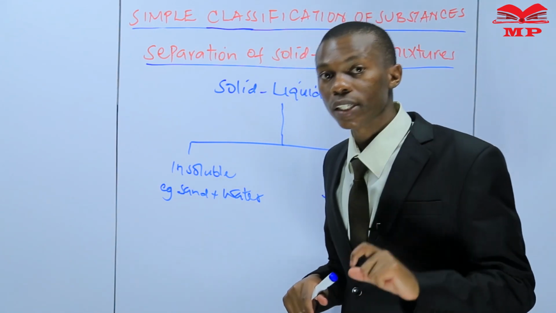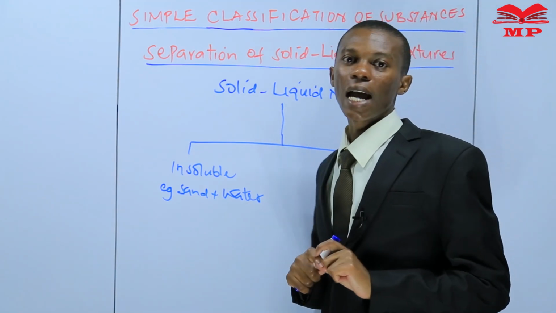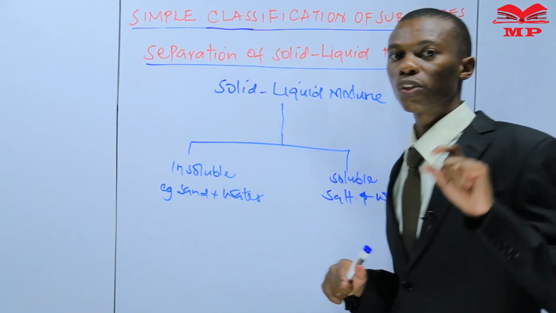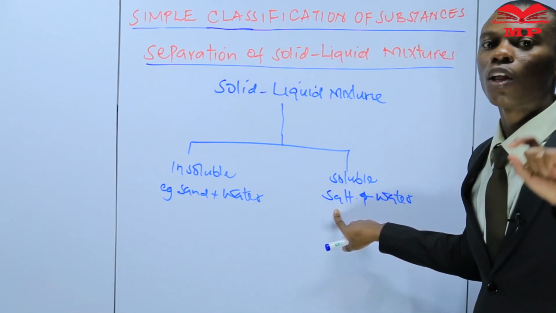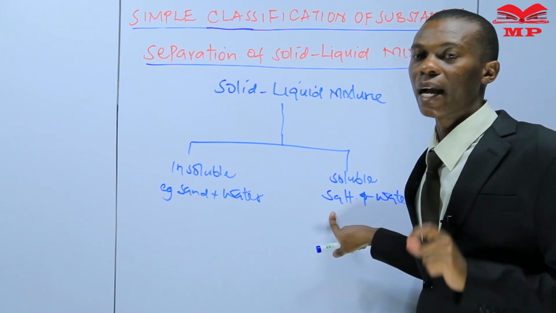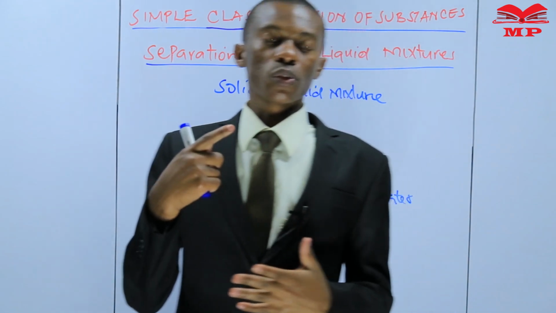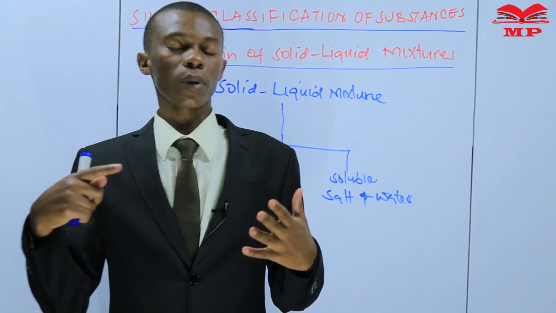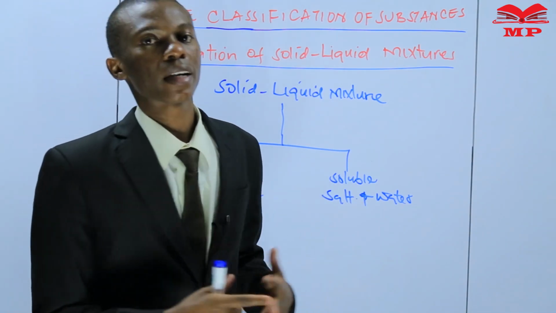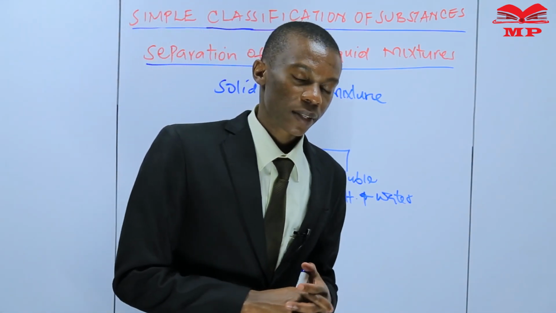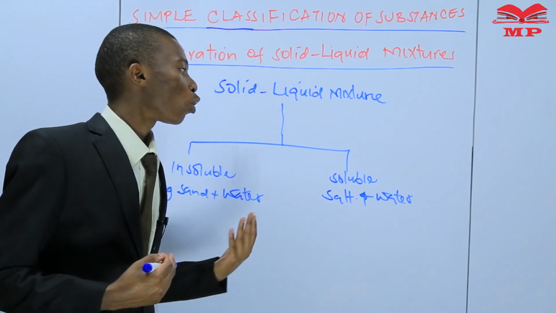Those solids which dissolve in liquids are called soluble solids, and salt is one of those examples. Other examples of soluble solids include sugar, potassium nitrate, and many other substances.